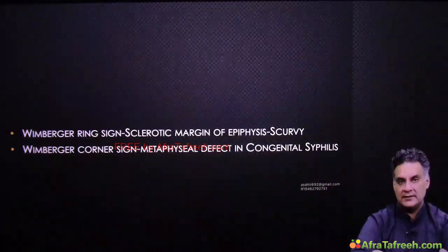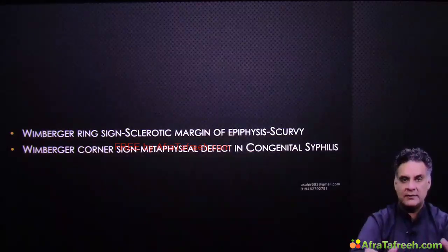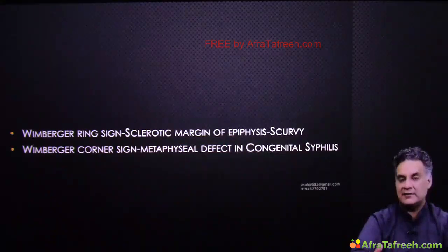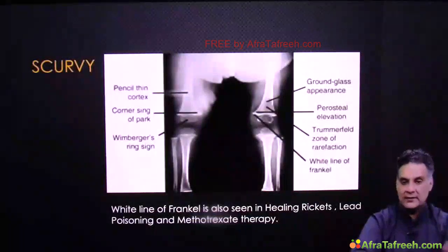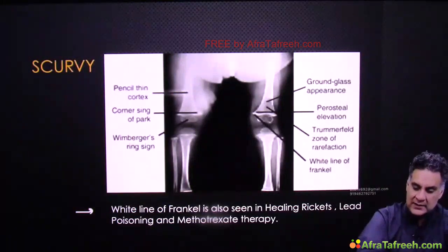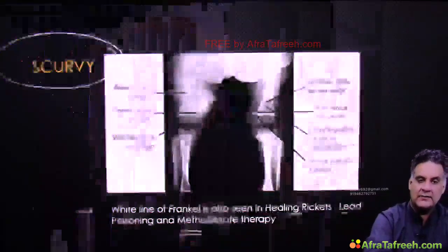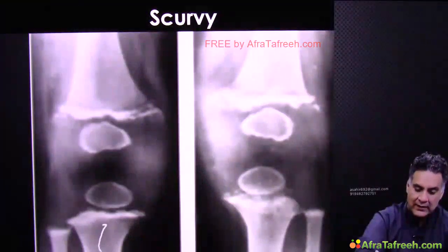Wimberger ring sign is the sclerotic margin of the epiphysis seen in scurvy. Wimberger corner sign is a defect in the metaphyseal area seen in congenital syphilis. So scurvy, white line of Frankel, which is seen in healing rickets, lead poisoning and methotrexate therapy, but is classical of scurvy. That's how the white line of Frankel looks.